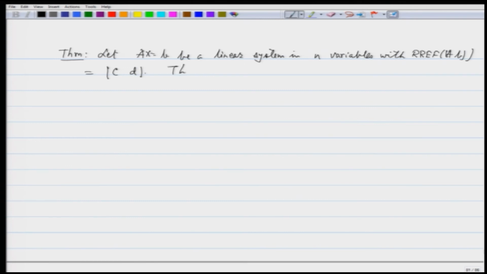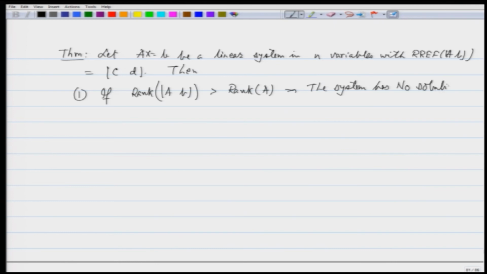Then, what if rank of AB is greater than rank of A? So, rank of the augmented matrix is greater than the rank of the coefficient matrix, which implies the system has no solution. So, note that when I am saying that this is greater, it means that B is non-zero directly, because you are saying that there is a pivot at the bth place.